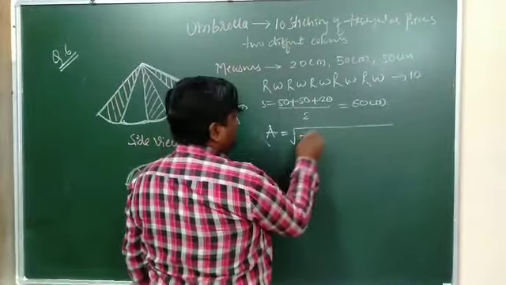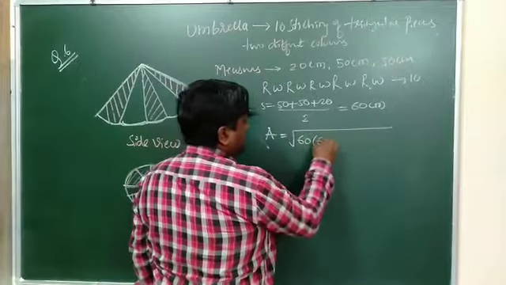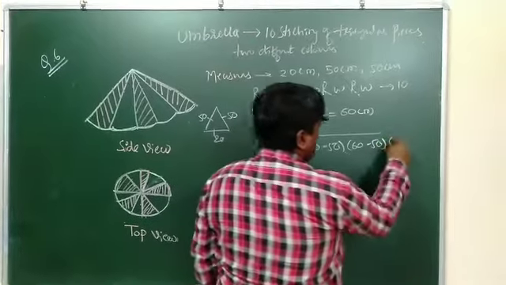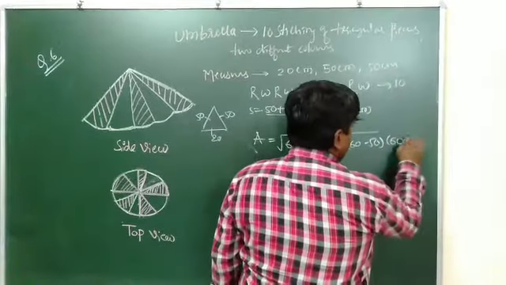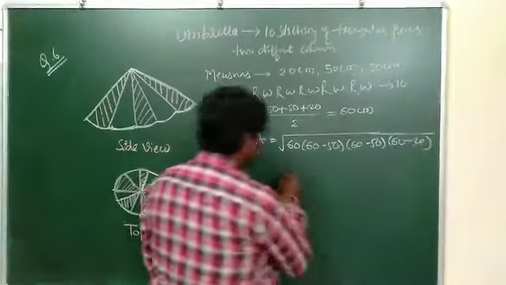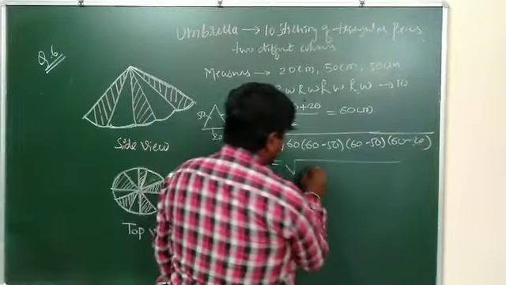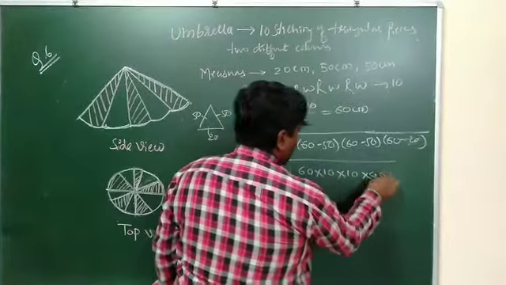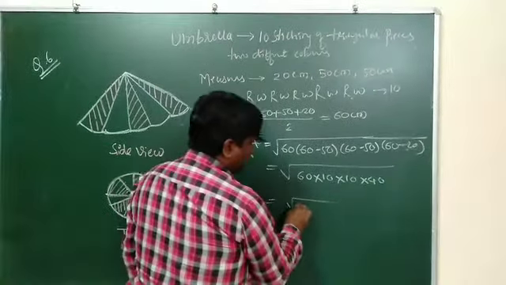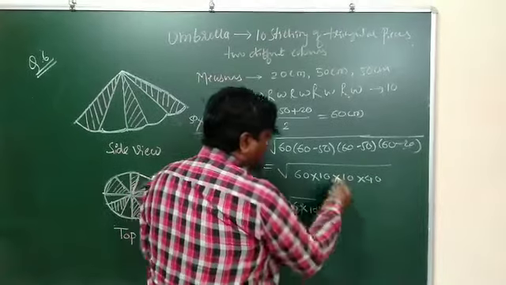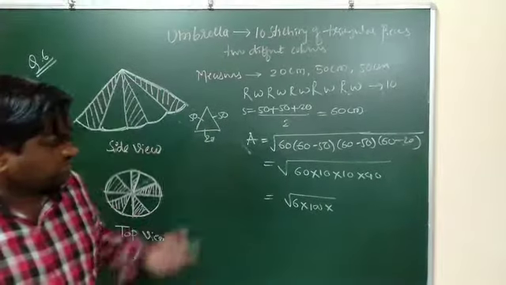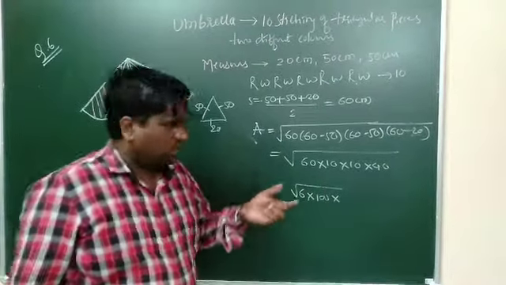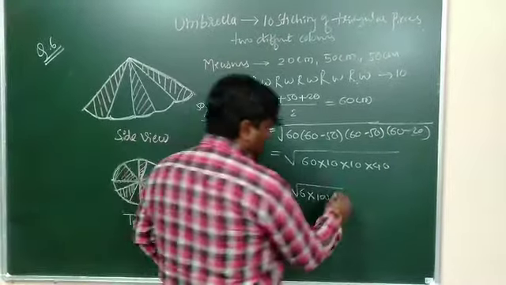So 60 minus 50, 60 minus 50, 60 minus 20. So under root, 60 into 10, 10 and 40. 6 into 100. I will rearrange these values so that I can get the square root of numbers very easily and quickly.